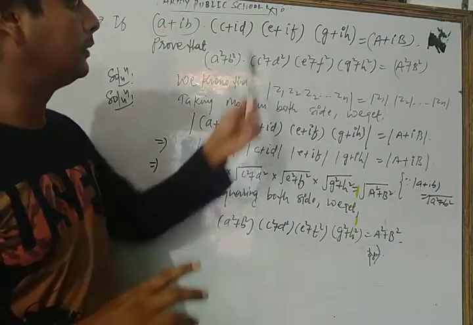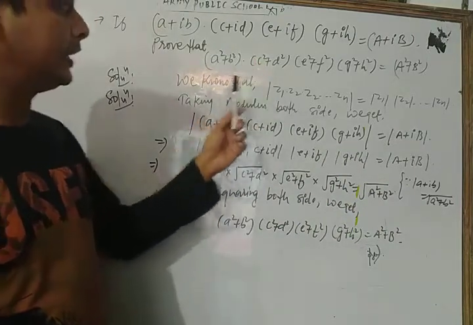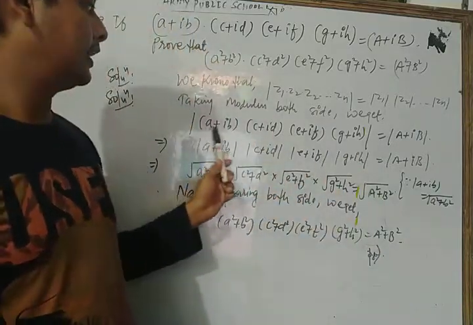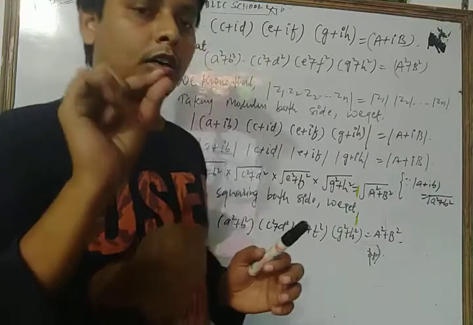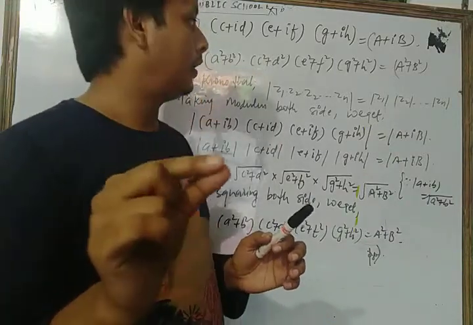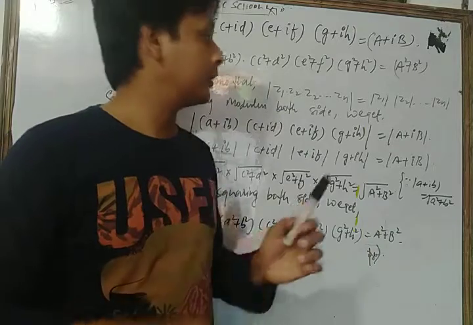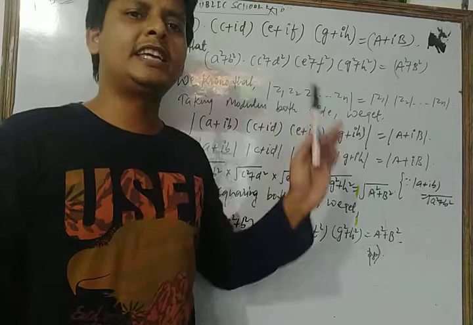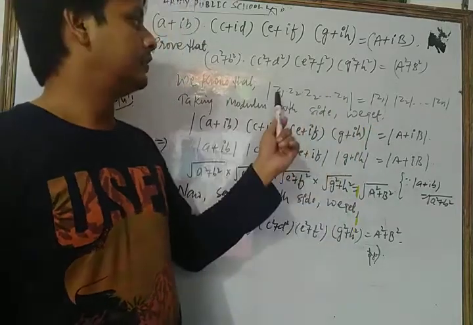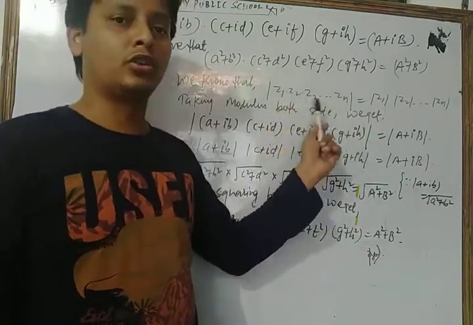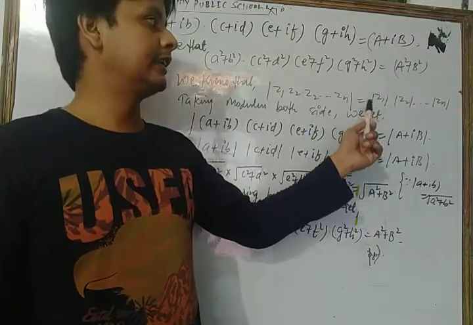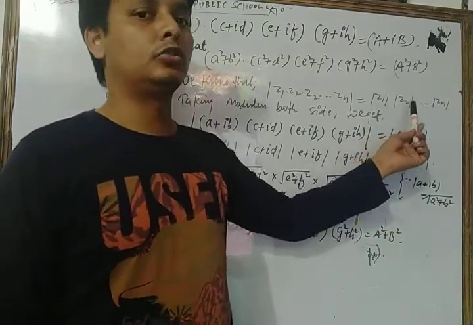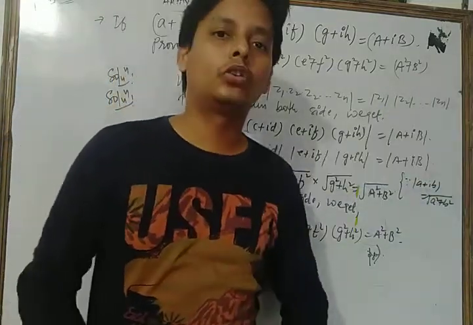Let's see once more, this is our given question. Now we take modulus both sides, we get this. And one of the most important properties of the modulus of any complex number is that if the modulus of a product of n complex numbers z1 into z2 and so on zn, then we can write it as the product of its individual moduli: mod of z1 into mod of z2 into mod of z3 and so on mod of zn.